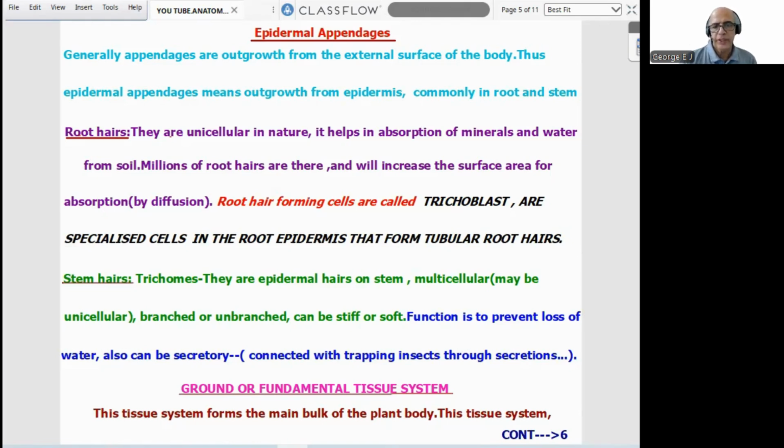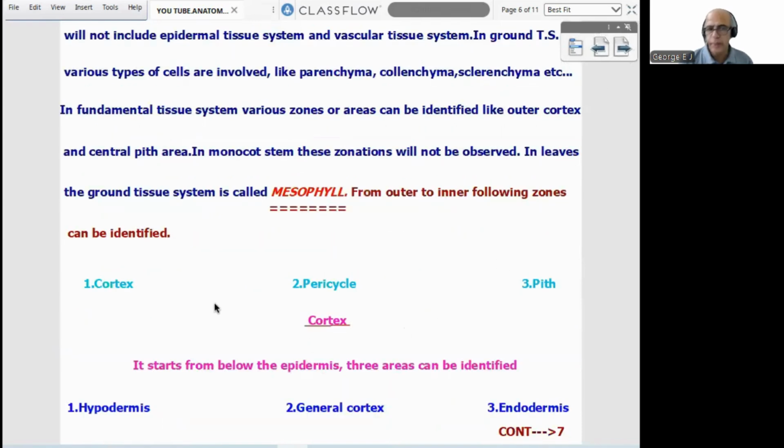Now comes the next tissue system, the ground or fundamental tissue system. This tissue system forms the main bulk of the plant body. This tissue system does not include the epidermal tissue system and the vascular tissue system. It lies in between these two.